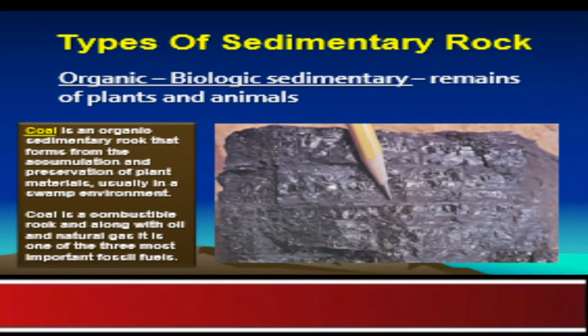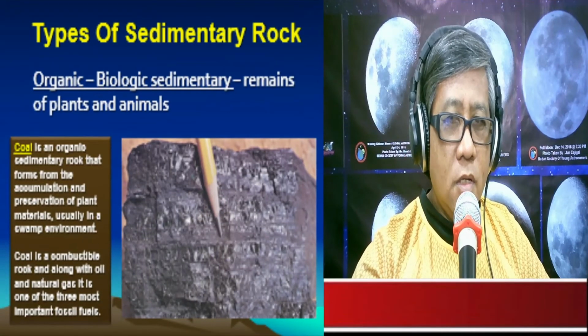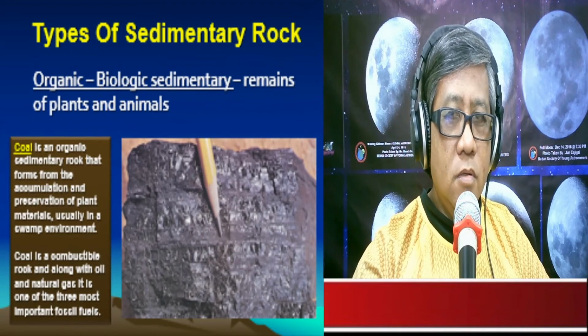Coal is an organic sedimentary rock that forms from the accumulation and preservation of plant materials, usually in a swamp environment. Coal is a combustible rock, and along with oil and natural gas, it is one of the three most important sources of fossil fuel. So those are the types of sedimentary rocks.